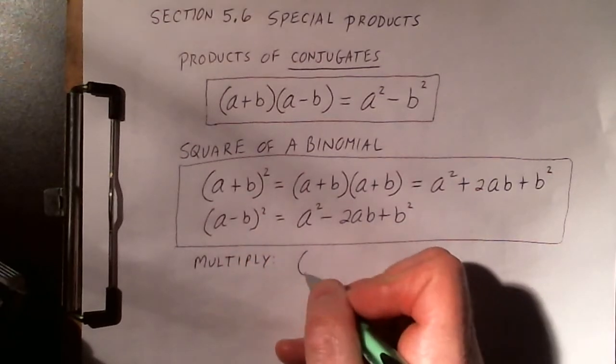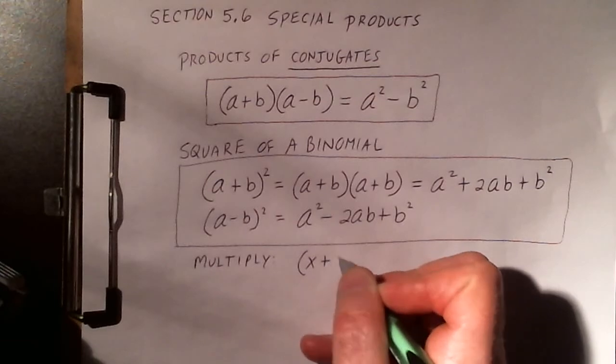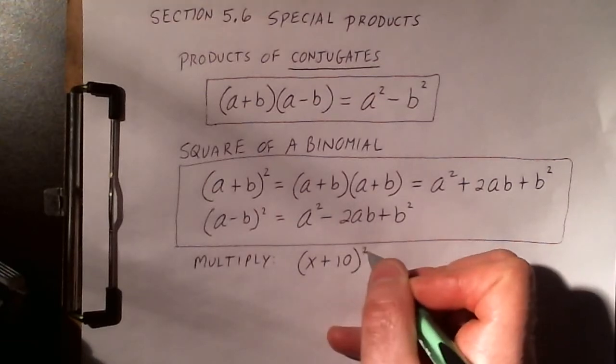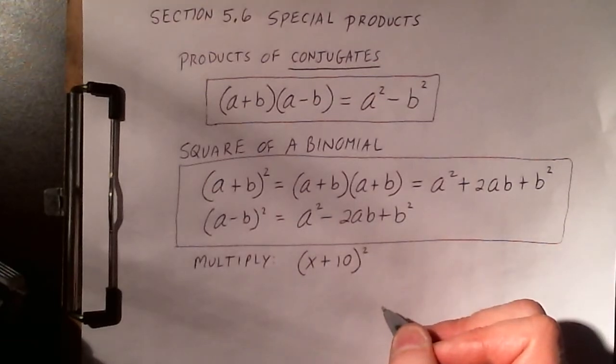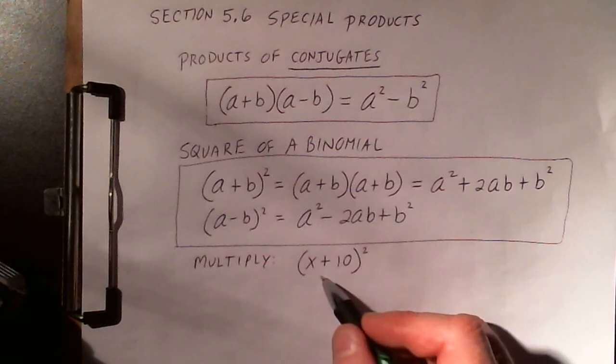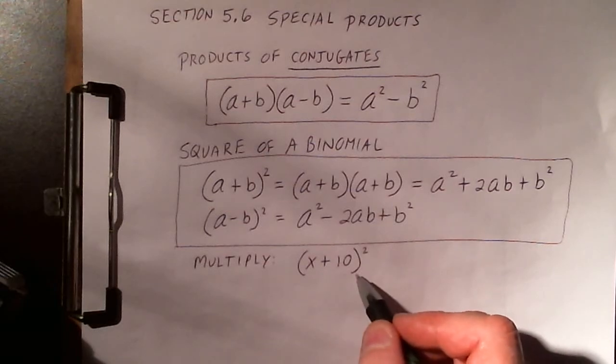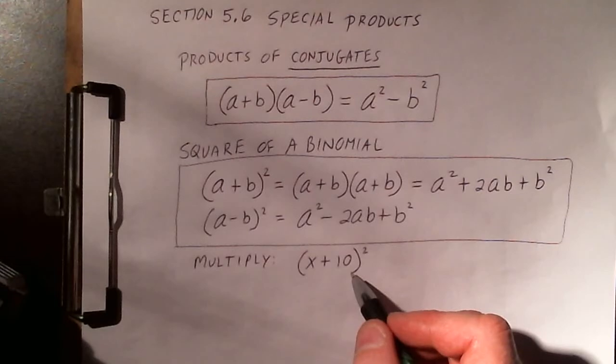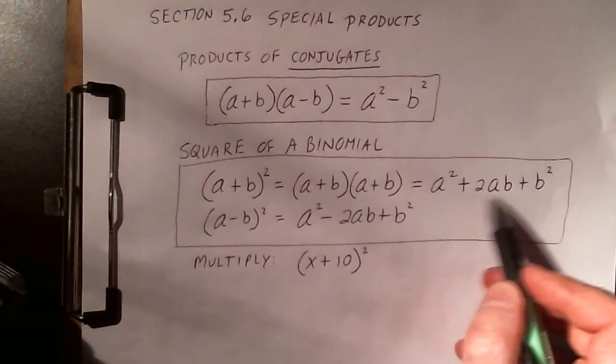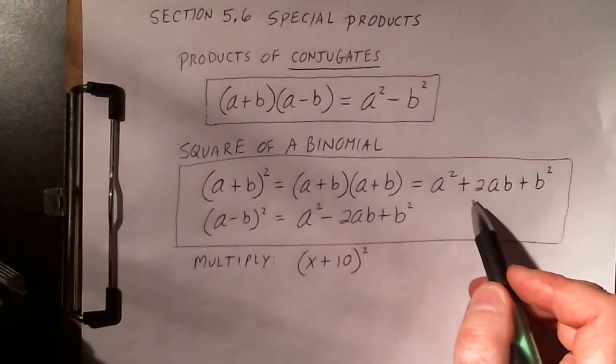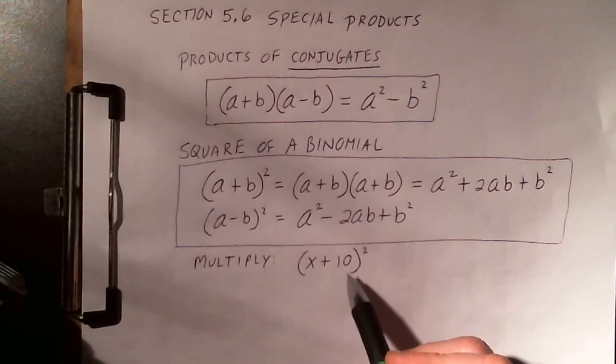Let's take this binomial x plus 10 and let's square it. Now, ladies and gentlemen, again, you could just multiply this out the long way, x plus 10 times x plus 10. But the idea in this section is to have us warm up to these patterns here and to try to remember these patterns. So notice I'm taking x plus 10 and I want to square it.